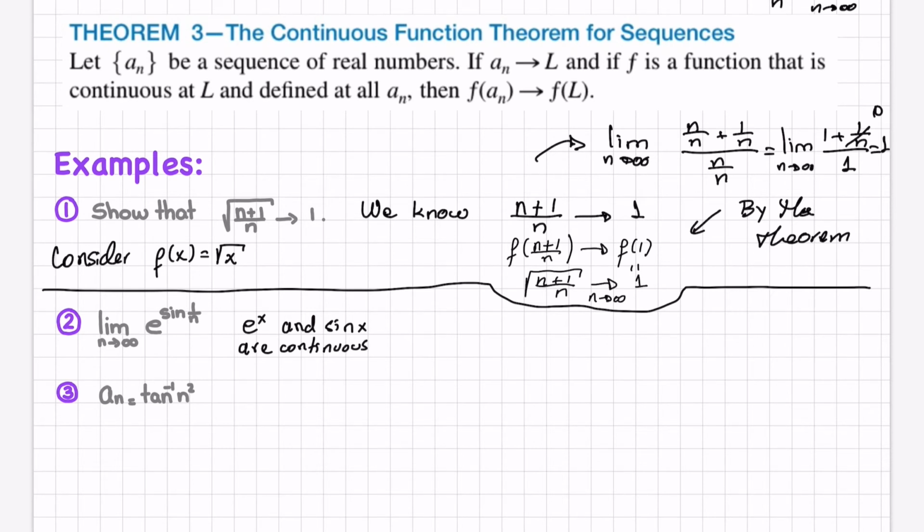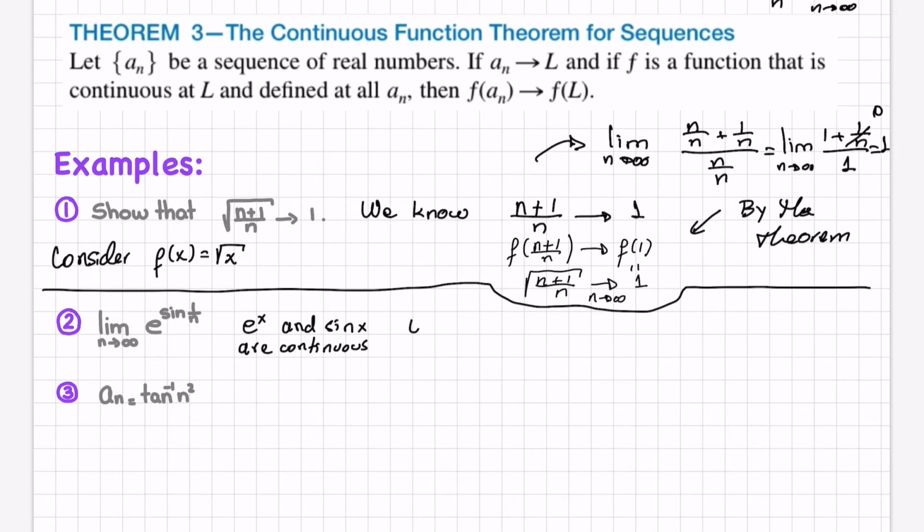Because this is the continuous function theorem. To apply this theorem, we need continuity at the point. Sine is continuous at 0. E to the x is continuous at 0. Okay? At that limit, which is 0. Okay?